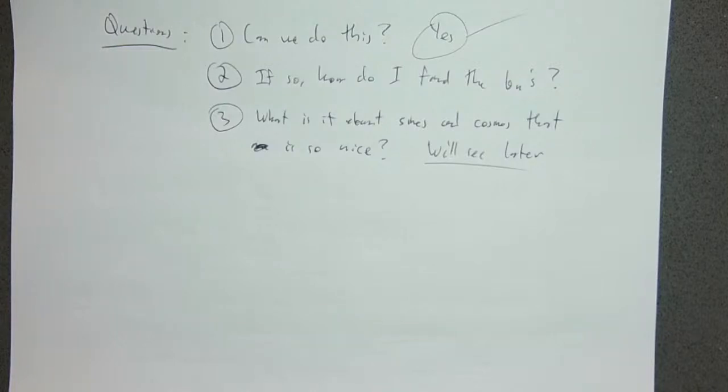To speak a little fast and loose right now, from linear algebra, recall what it meant to have a basis for a vector space. It means that any vector in your vector space can be written as a linear combination of those vectors.